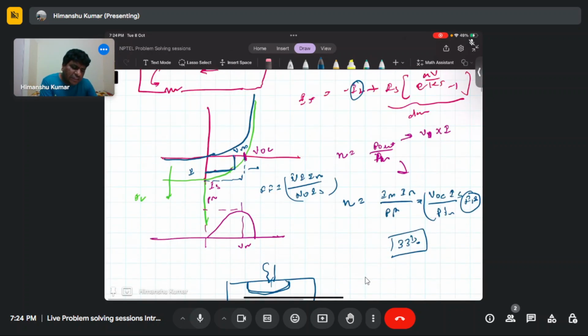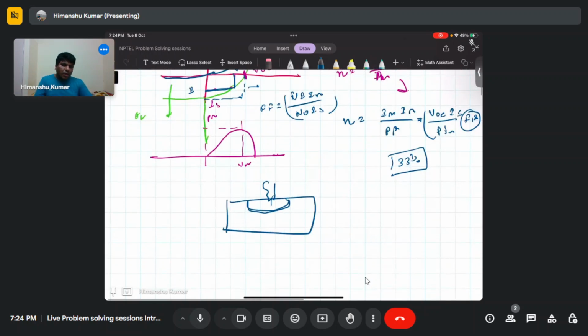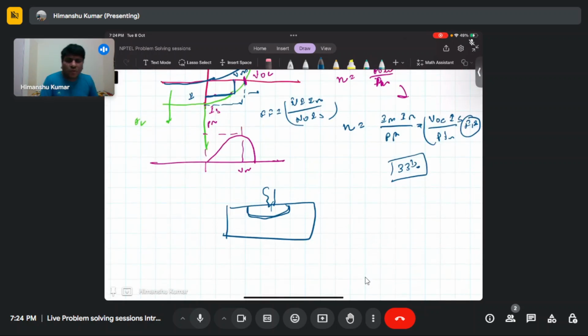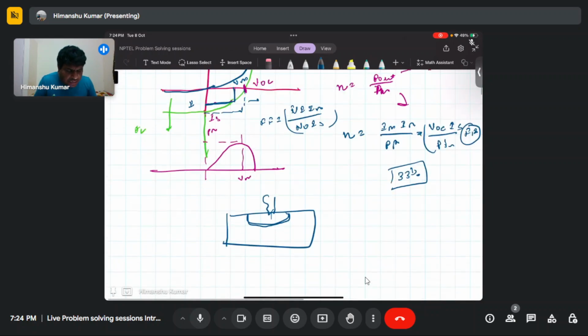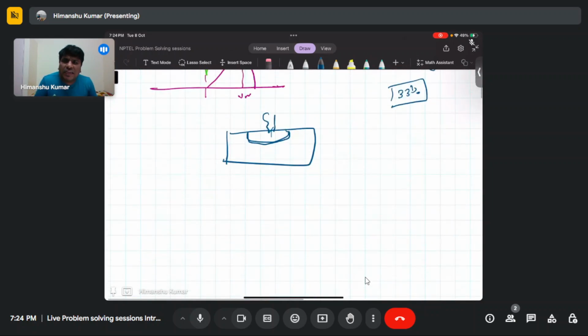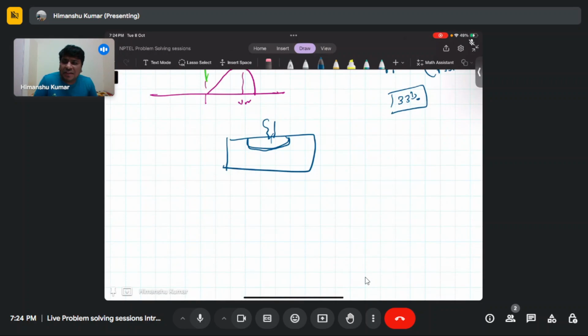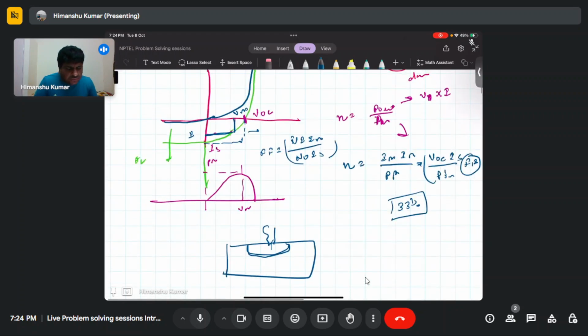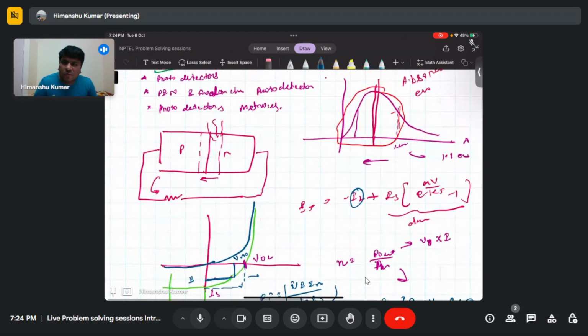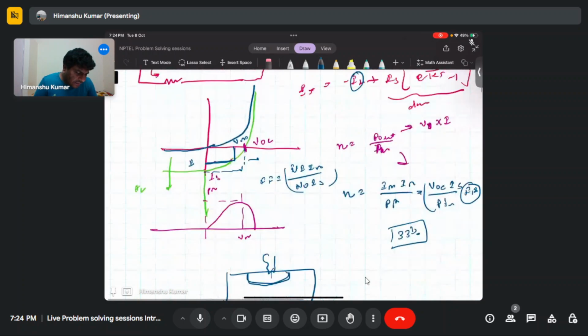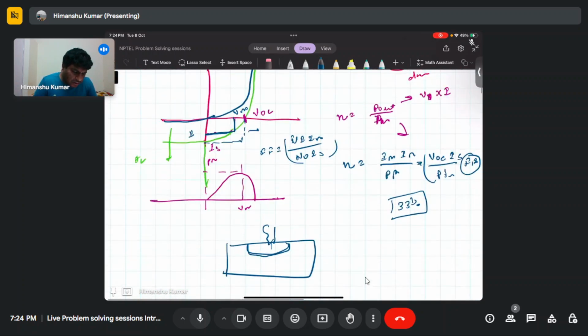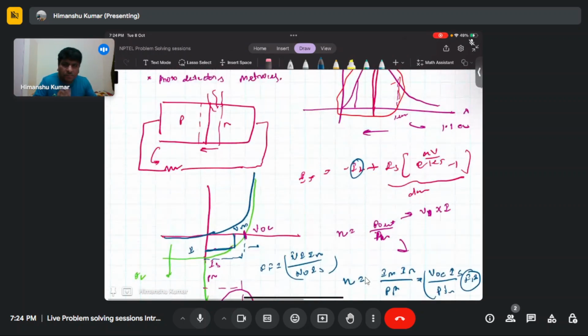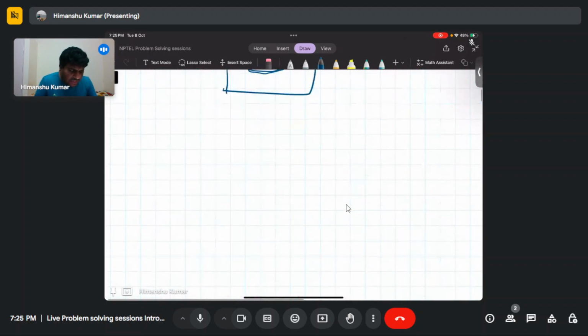Unlike the solar cell, where we do not provide any battery, we can operate detectors in different modes. We can use zero bias, or the photovoltaic mode, or other possible modes.